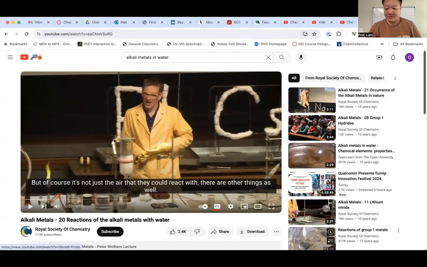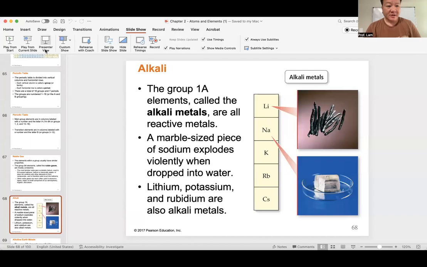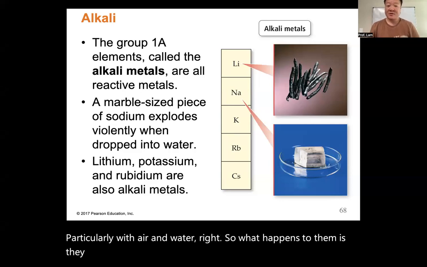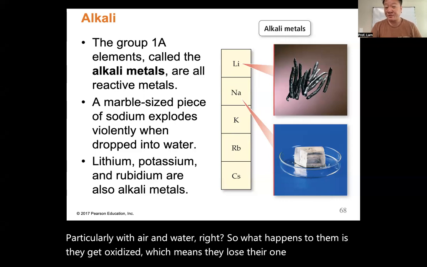All right. So you guys can see that the group 1 alkaline metals are very reactive, particularly with air and water, right? So what happens to them is they get oxidized, which means they lose their one electron. Remember, metals like to lose electrons.